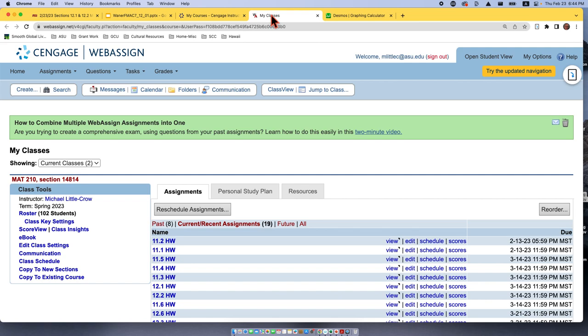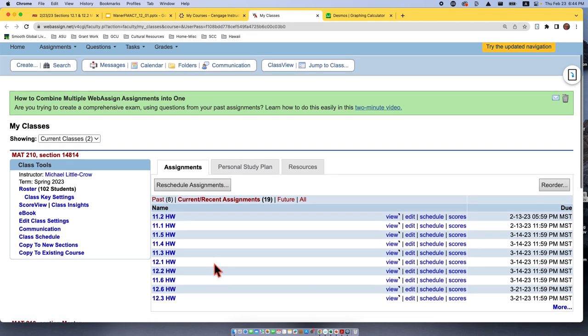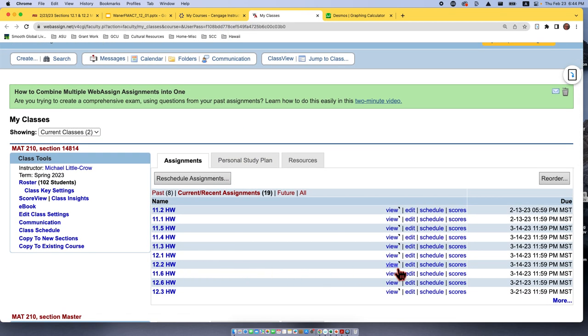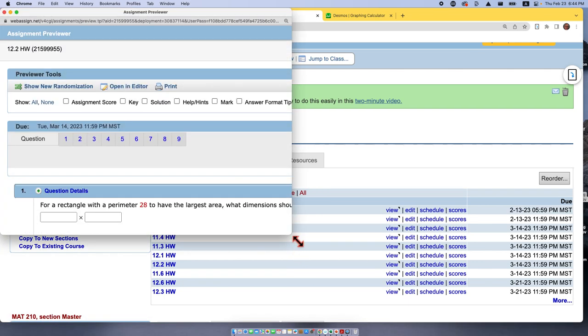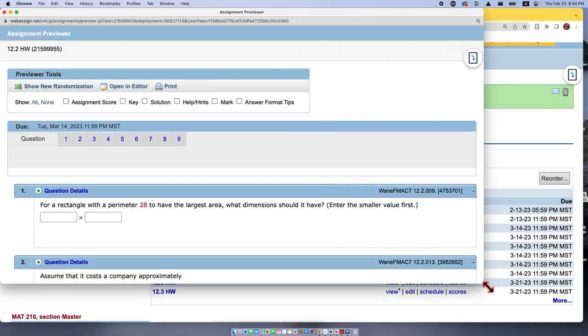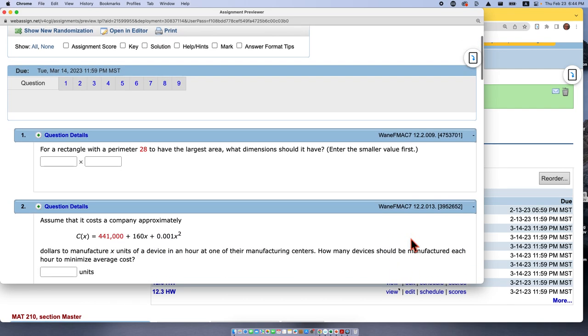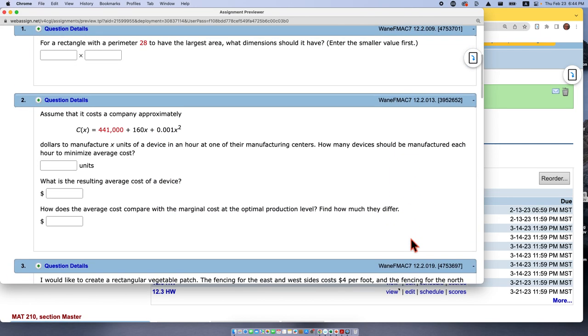Before we get back to the PowerPoint, what I'm going to show you is what 12.2 looks like. They sometimes give us a function, like in this one, and then we're looking for maximum and minimum costs.